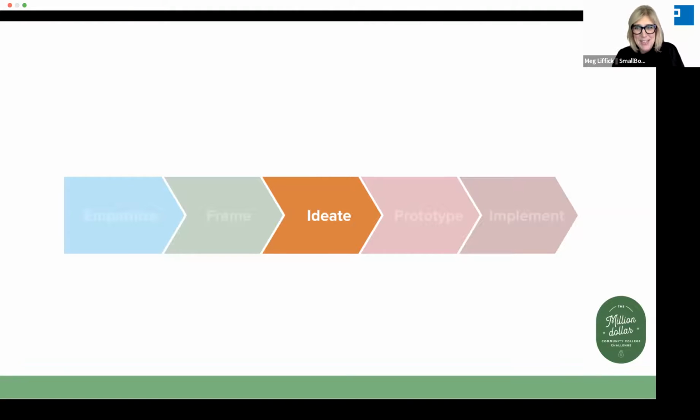I cannot stress enough that you need to move through empathize and frame before you get to ideate. So get a really strong understanding of who's on your site and who's using your site. Not only will your proposed solution be grounded in a stronger, more equitable foundation, because it's not just your perspective, it's multiple perspectives, but you'll also have data and information to defend your decisions.